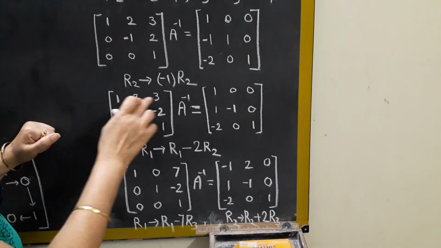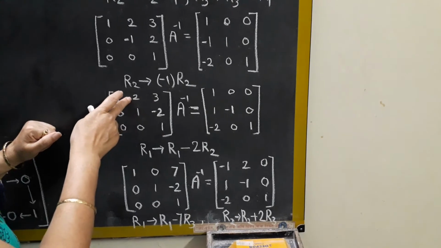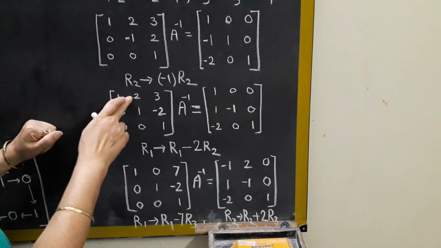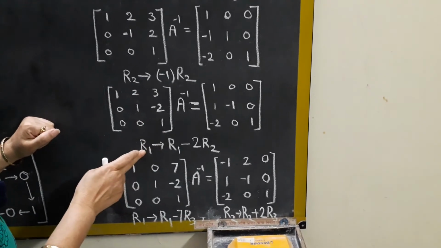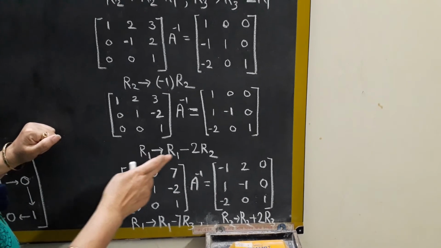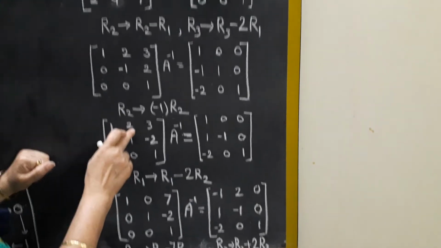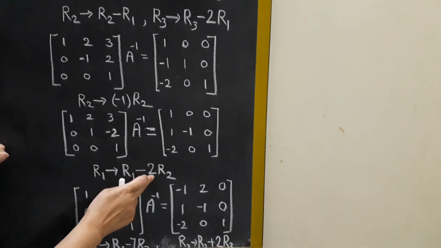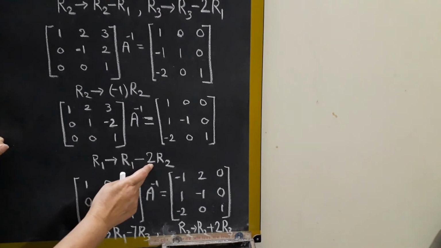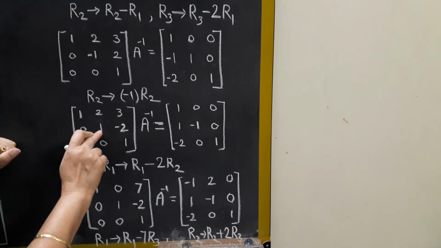But in R1 we have 2 which we are going to convert it into 0. So we will bring the change in R1 as R1 minus, see that the opposite of 2 is minus 2. So K becomes minus 2 multiplied by the R2.